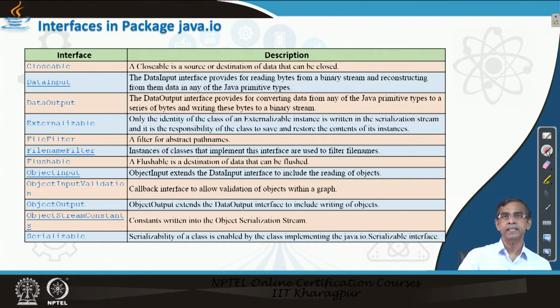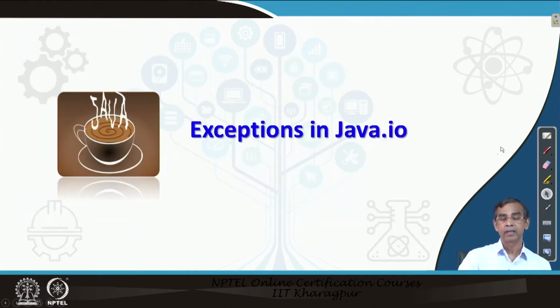These interfaces target different purposes and functionalities that a programmer may require to manipulate data. Those interfaces can again be categorized as input related and output related. Here we have listed all the input output related interfaces, and as you can see from the table, there are many interfaces.